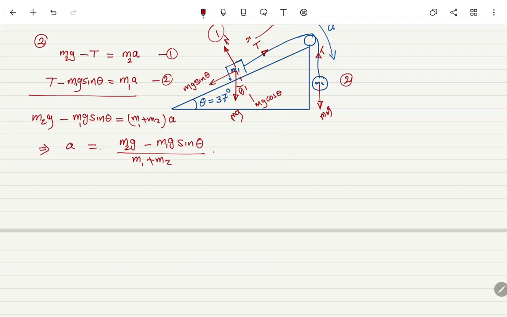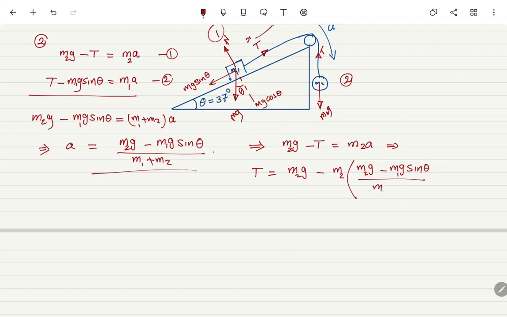Substituting this acceleration back into equation 1 or 2, let's find the tension. So m2g minus tension equal to m2a, or tension in this case is equal to m2g minus m2 times the acceleration we just calculated, which is m2g minus m1g sine theta divided by m1 plus m2.